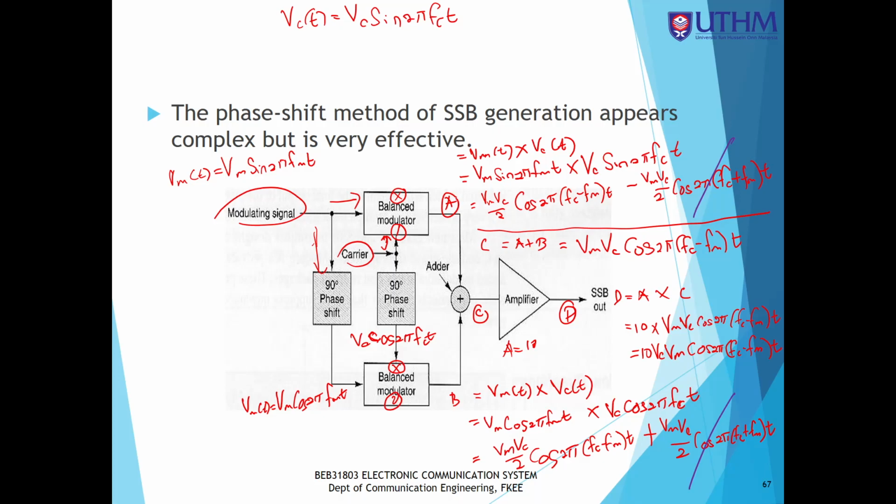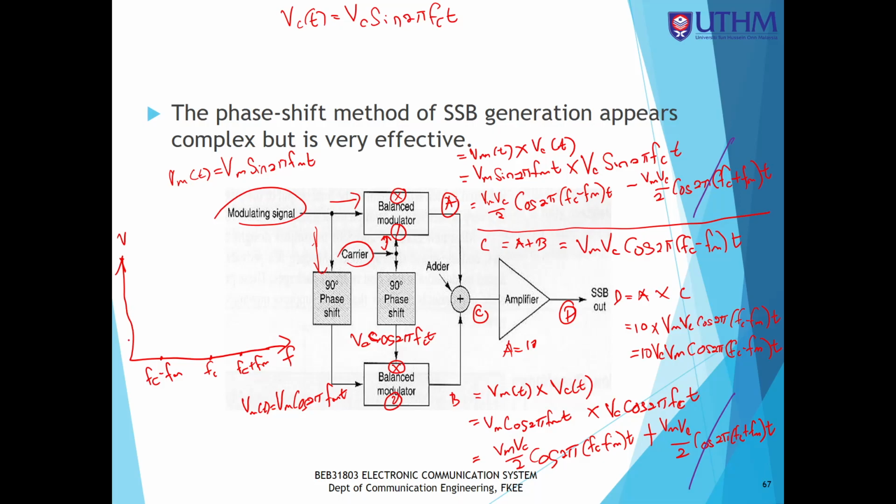So how can you draw the spectrum? I will teach you how to draw the spectrum. Okay. So let's say you are asked to draw the amplitude spectrum, which is voltage versus frequency. You don't have the carrier, you don't have the upper sideband, but you have the lower sideband.